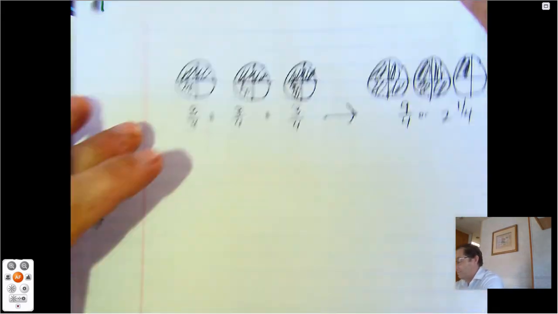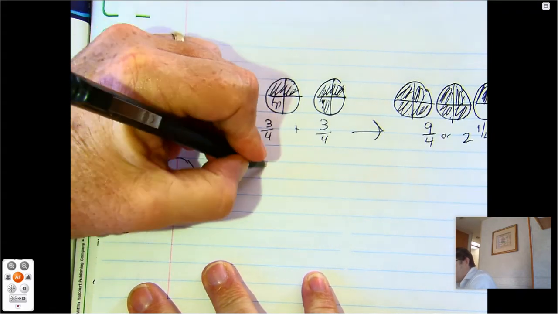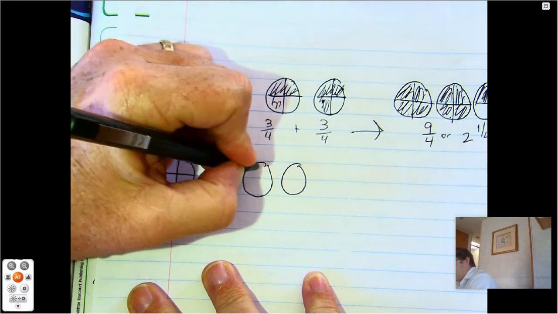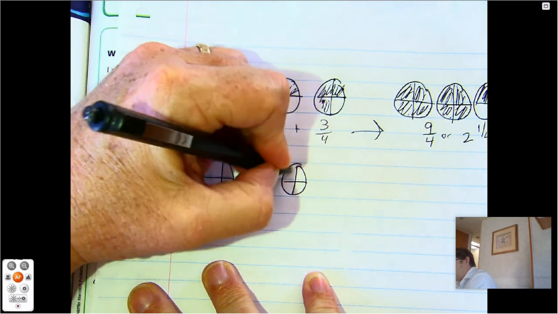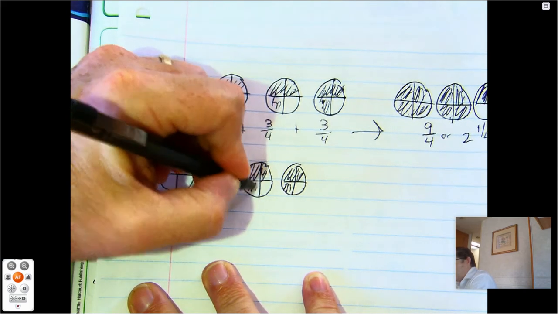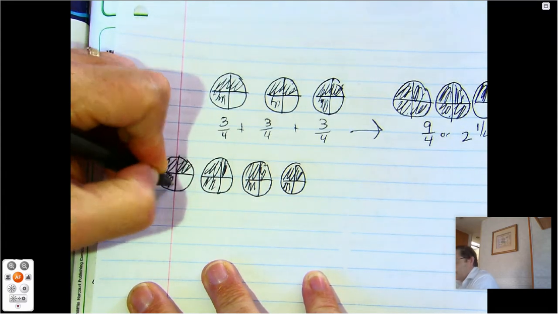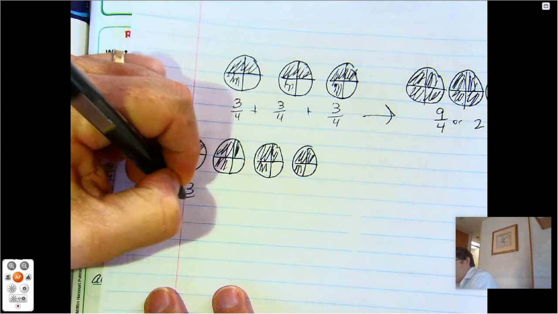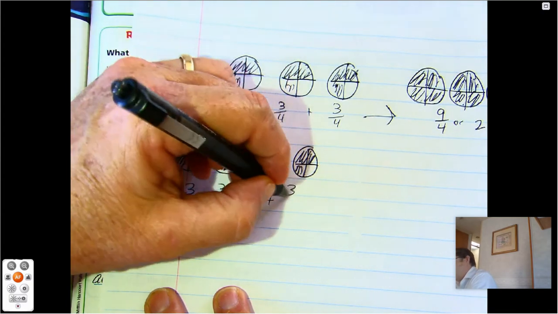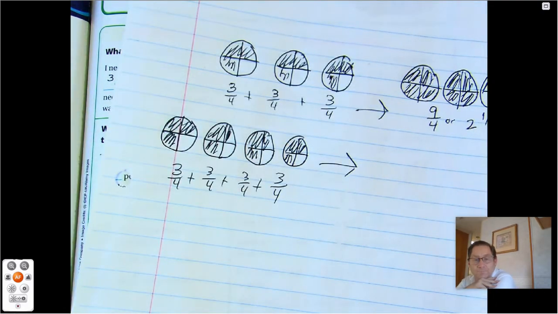But I have about 4. So this time I'm going to have 4 circles, each of them showing 3/4. Again, the circles represent the bags of walnuts being purchased. So we have 3/4 plus 3/4 plus 3/4 plus 3/4. All right, what does that equal?